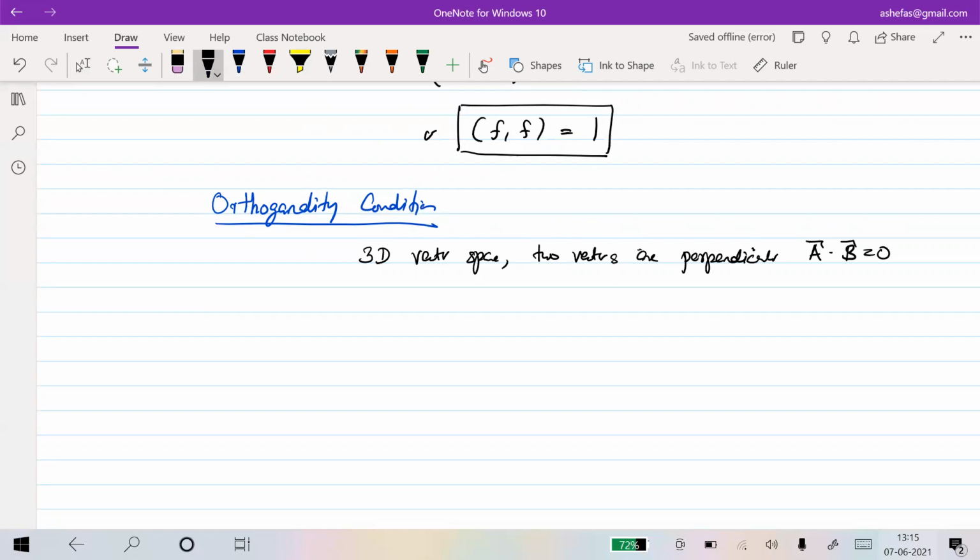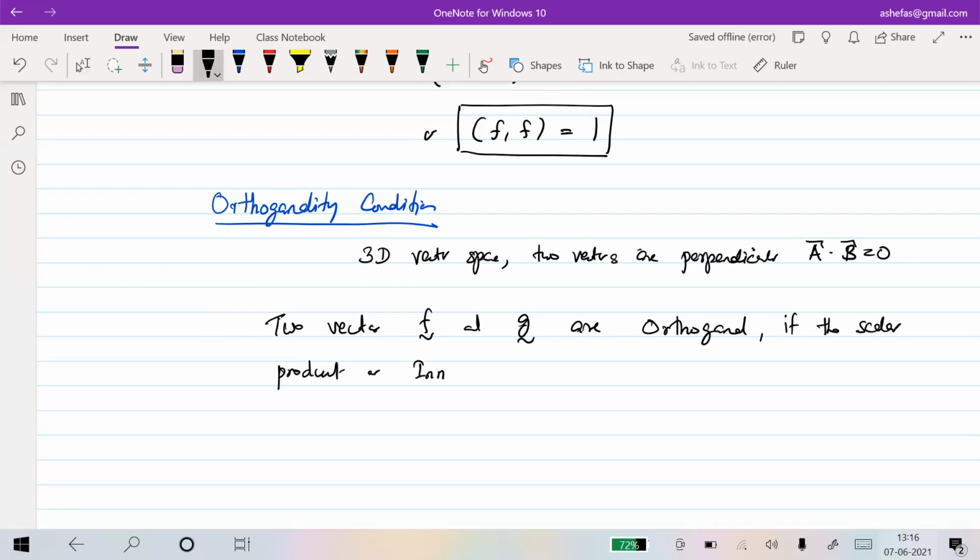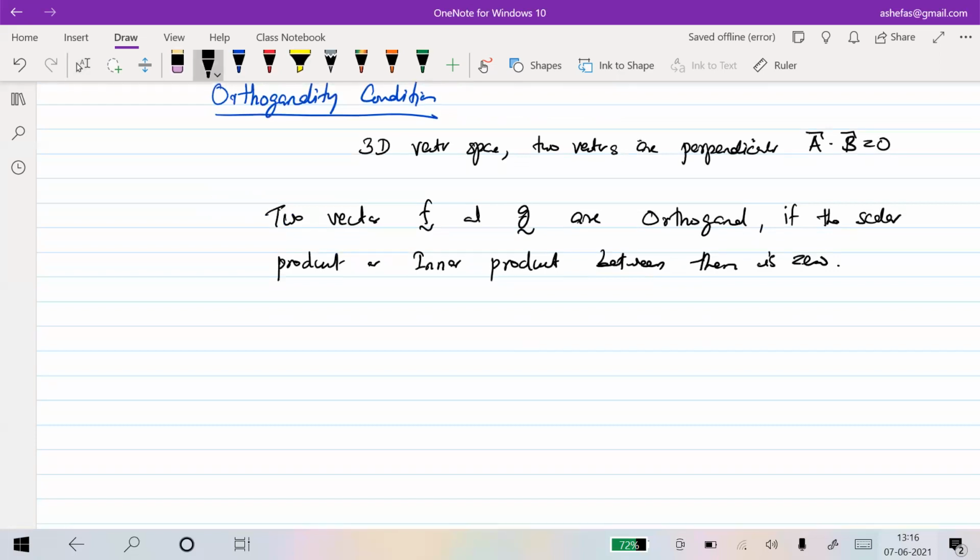So two vectors f and g are orthogonal if the scalar product, or we can call it the inner product, between them is 0. So two vectors f and g are called orthogonal if (f, g) equals 0.